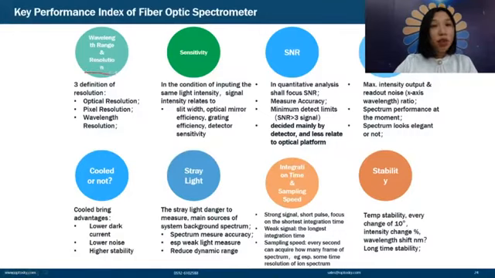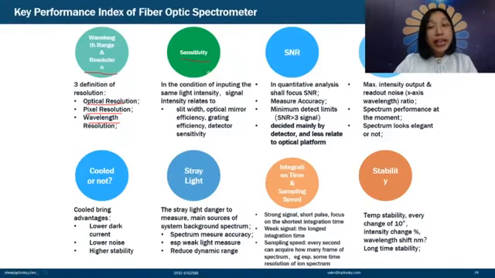First one is the wavelength range and resolution. We have 3 types of resolution definitions. Firstly is optical resolution. Second is the pixel resolution. The third one is wavelength resolution. And secondly is the sensitivity.